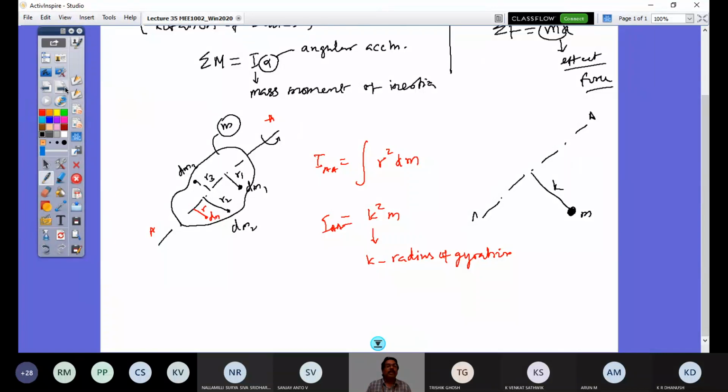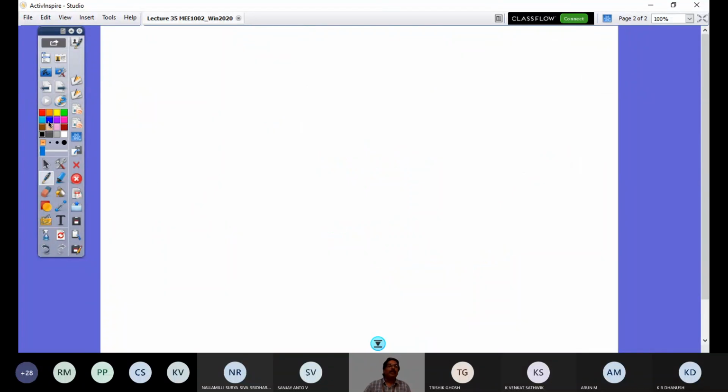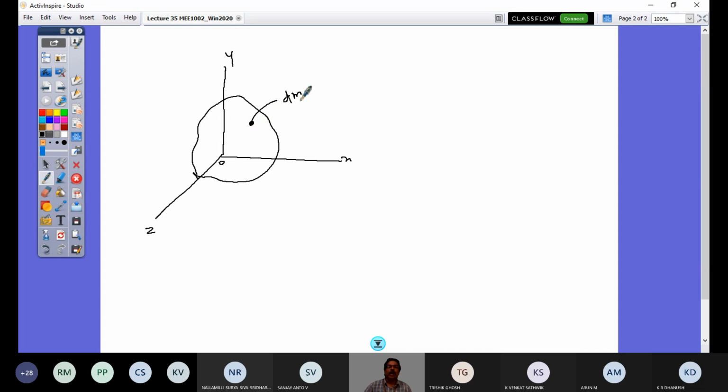You can also look at this in an interesting way with respect to different axes of rotation. I had an arbitrary axis of rotation to start the definition, but you can also look at a rigid body defined now with respect to x, y, z. This rigid body is defined with respect to point O, and I have an elemental mass dm at coordinates x, y, z.